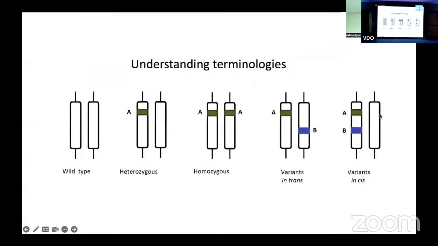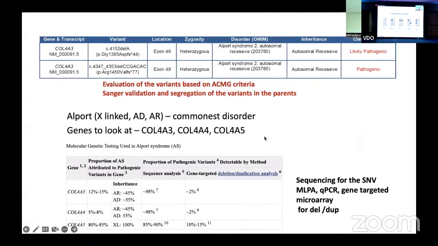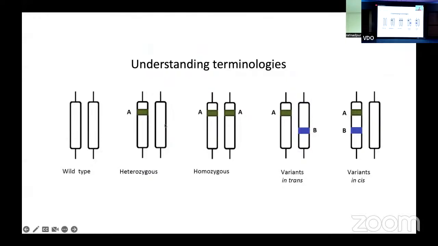Now, I've put in this slide to understand what the various terminologies that come in a report mean. For example, we can see that this is heterozygous and heterozygous, and we say the patient has compound heterozygous variations in the COL4A3 gene. So this is a wild type or a normal gene, as it is with the reference sequence.